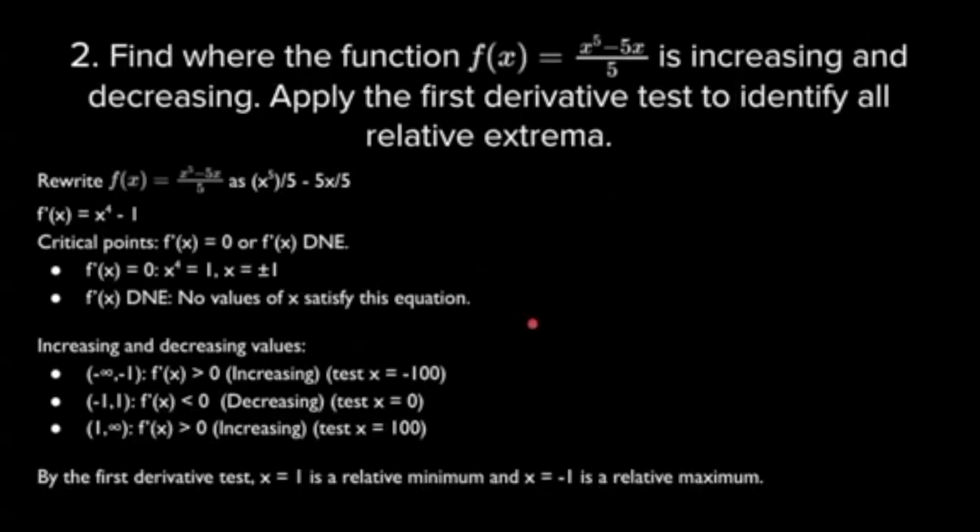So it's increasing, increasing, increasing, and then decreasing. So at this point up here, negative 1, it goes from increasing to decreasing, so that's a maximum. Then from 1, it goes decreasing, decreasing, decreasing, and takes a sharp turn to increasing. And so that point down there would be a relative minimum. So when x is equal to 1, it would be a minimum, and when x is negative 1, it would be a maximum.